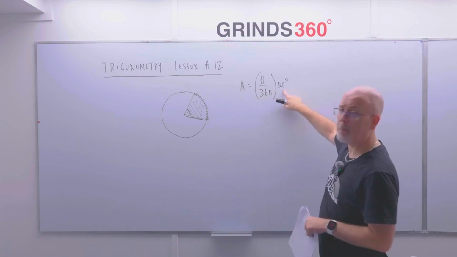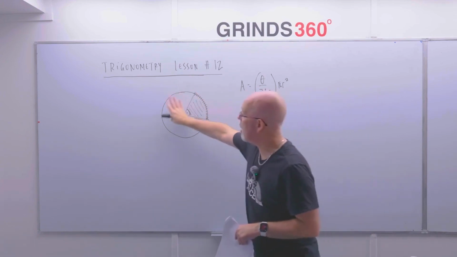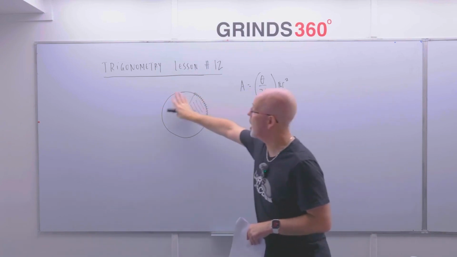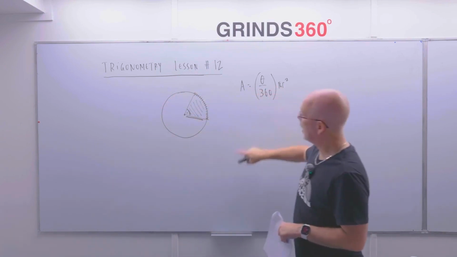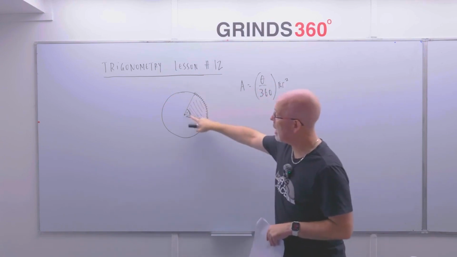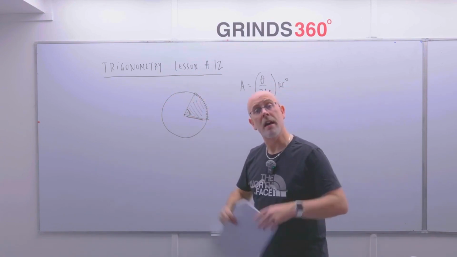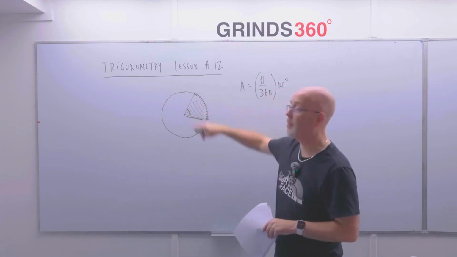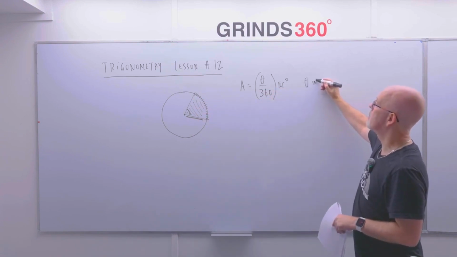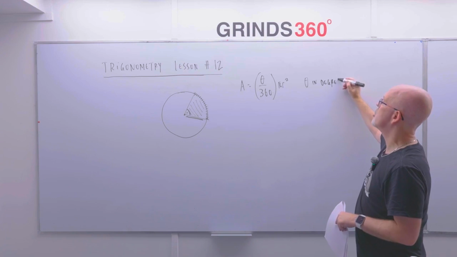Because remember, that part of the formula there, pi r squared, is the area of a full circle. So if I worked out what pi r squared is, it's the area of the entire pizza. And then by putting this angle here over 360, I'm working out what fraction of the pizza that is. And by multiplying the 2 of them together, I've got the area of this piece here. So again, that's the one we use when theta is in degrees, if the angle at the center is measured in degrees.